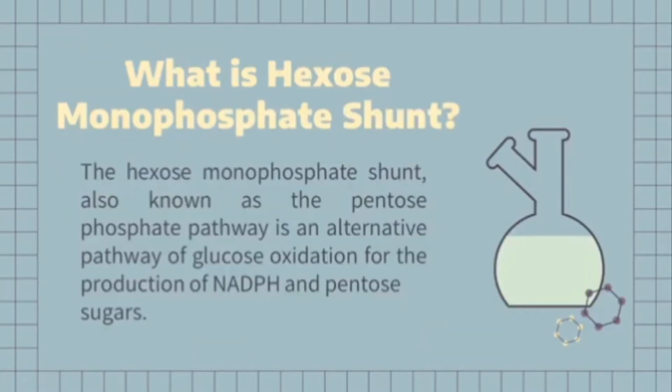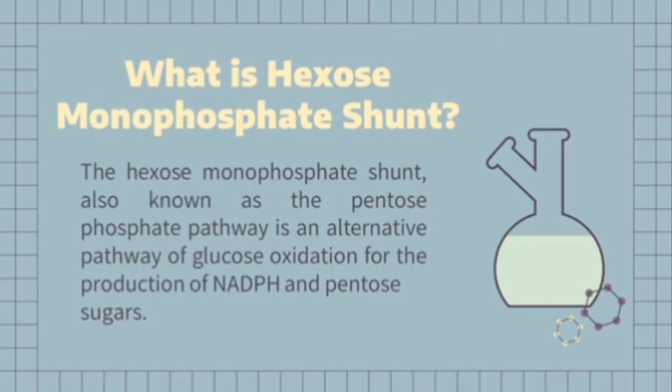What is hexose monophosphate shunt? The hexose monophosphate shunt, also known as the pentose phosphate pathway, is an alternative pathway of glucose oxidation for the production of NADPH and pentose sugars.